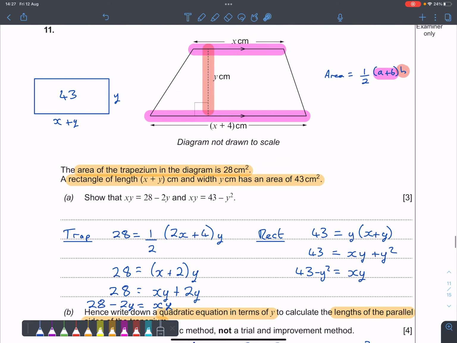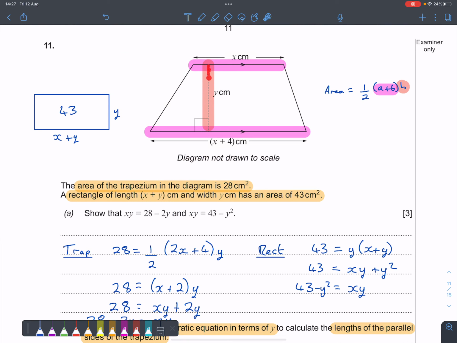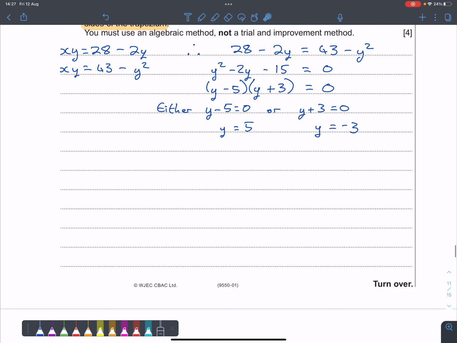If we look at the diagram, y is this height. Because we know it's a length in a shape, immediately we should be able to rule this one out, because that's impossible. You cannot have a negative length. So this one is impossible.